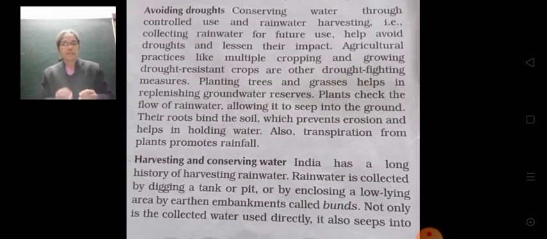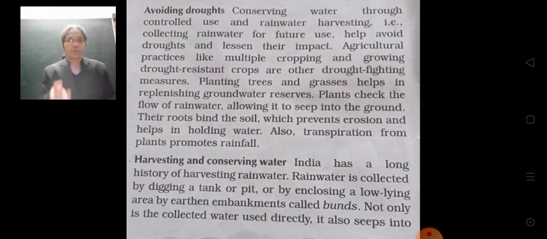Some measures to avoid droughts: conserving water through controlled use and rainwater harvesting is one of the best ways to avoid drought. Rainwater harvesting is one of the major things to avoid drought.